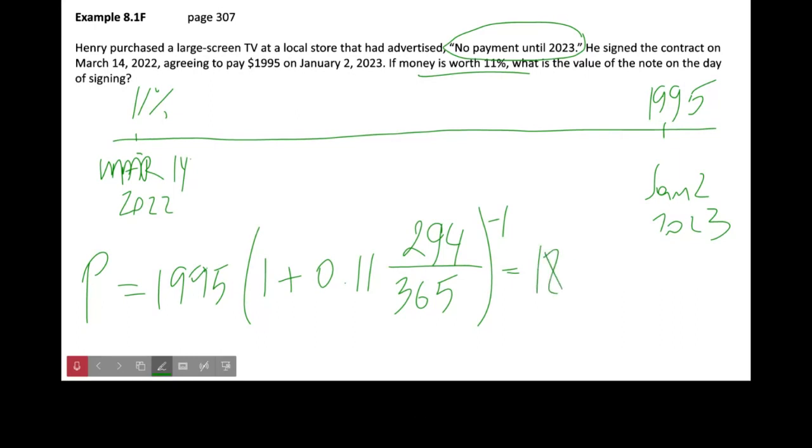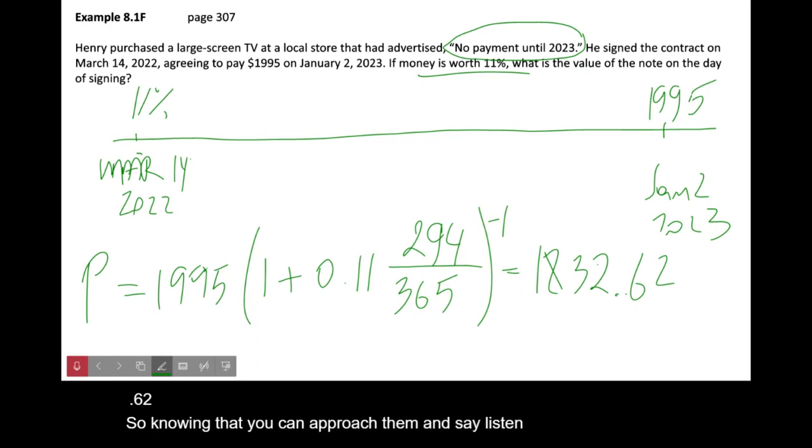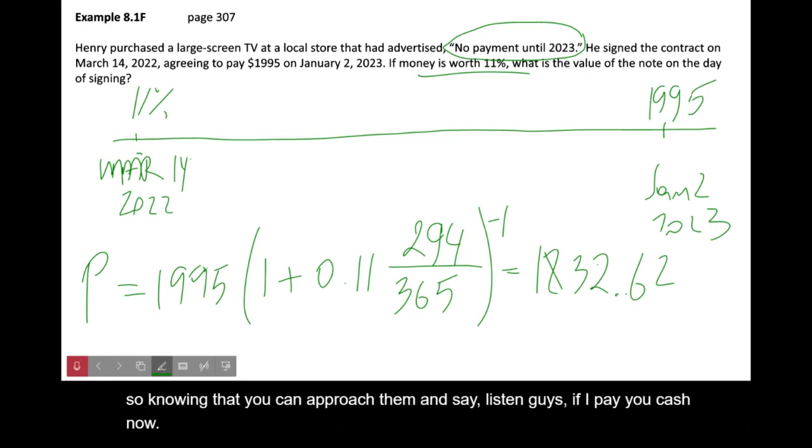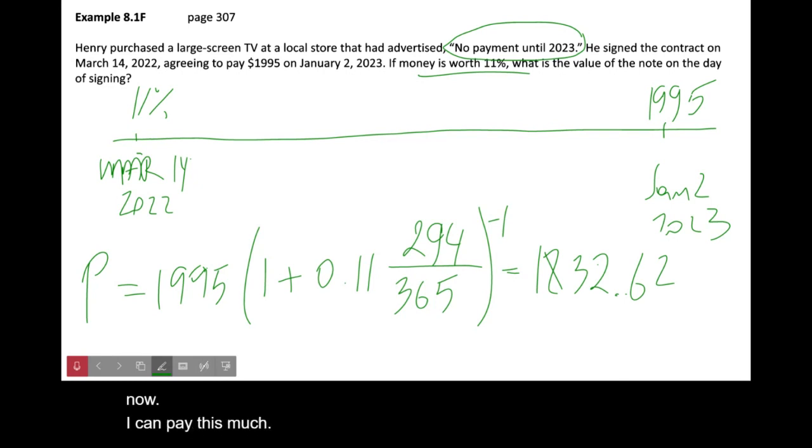So 1832.62. So actually knowing that, you can approach them and say, listen, guys, if I pay you cash now, I can pay you this much. Or you can start lower than that.